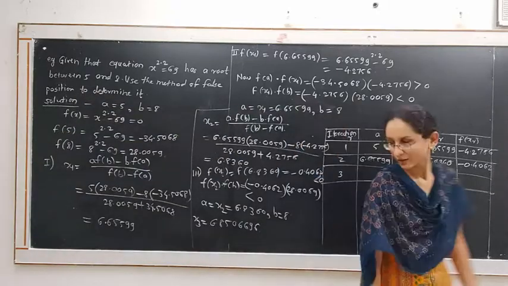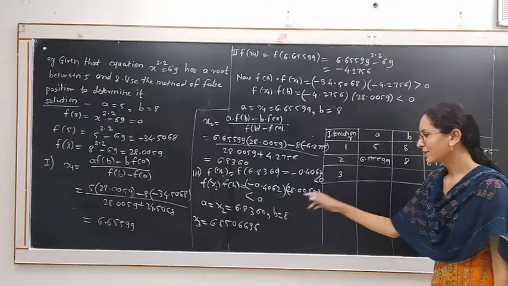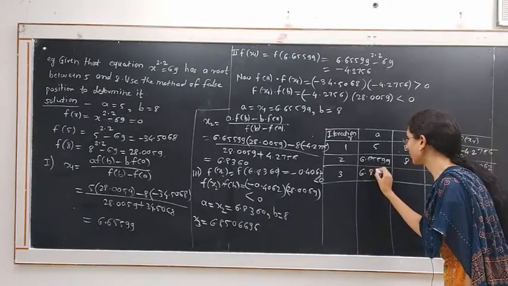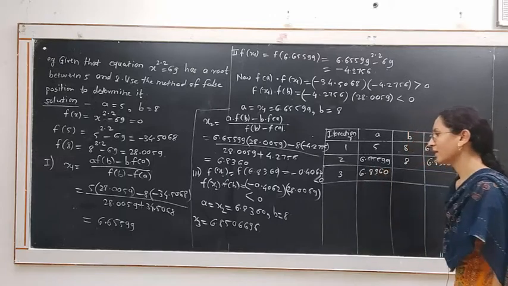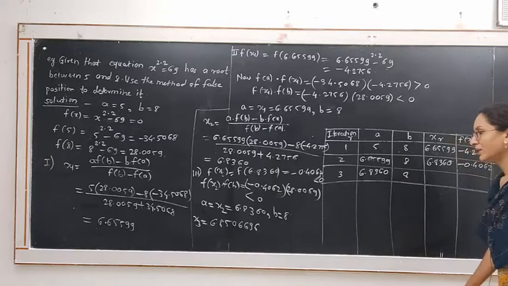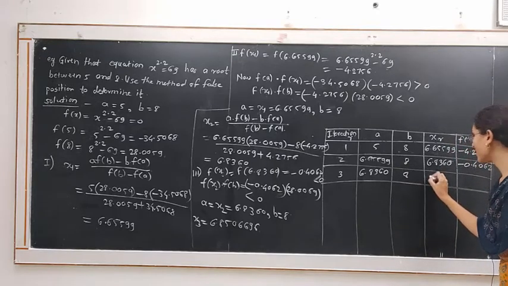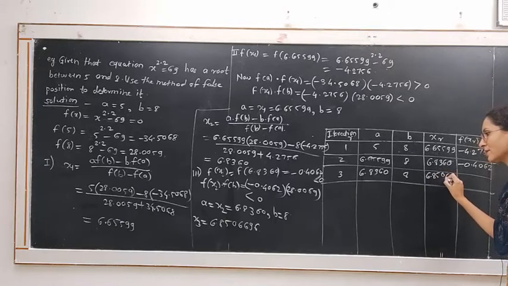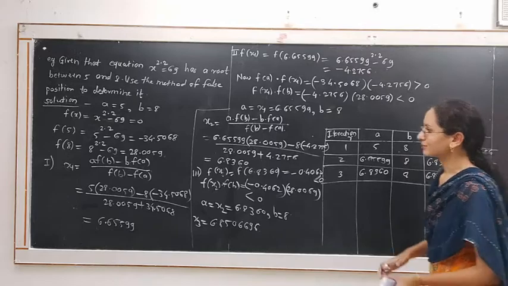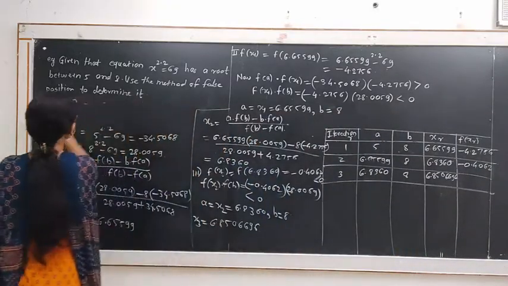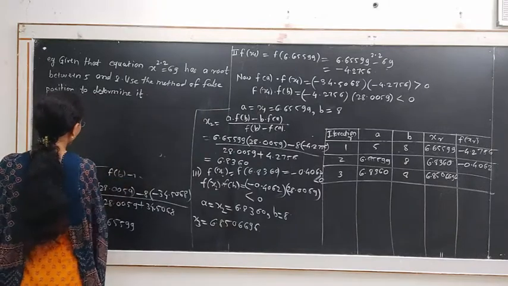In the third iteration, we consider a value as 6.8360 and the value of b is 8. In this case, we are getting the x3 value as 6.850696.